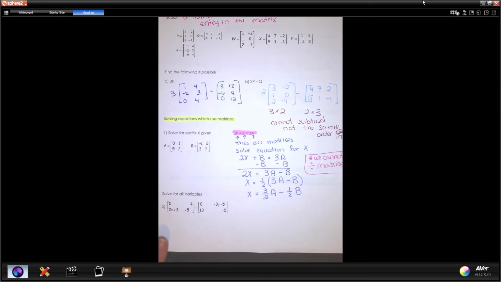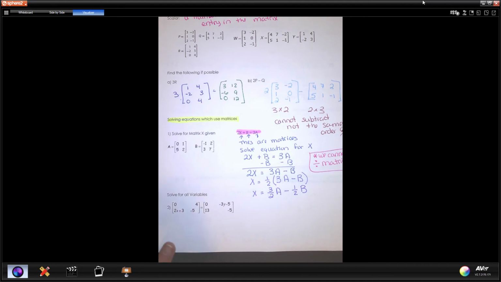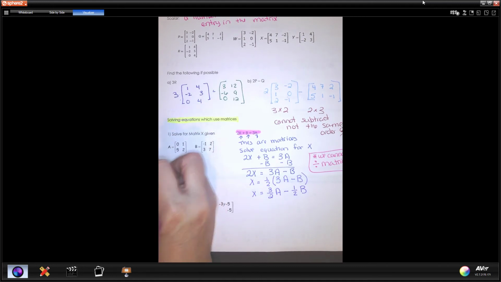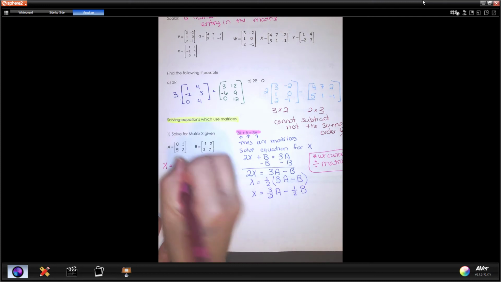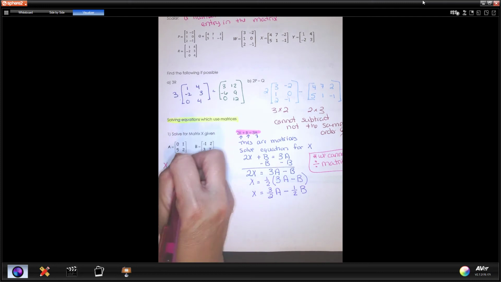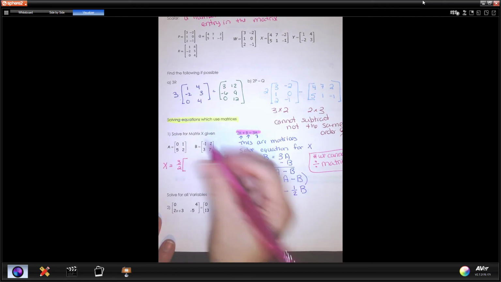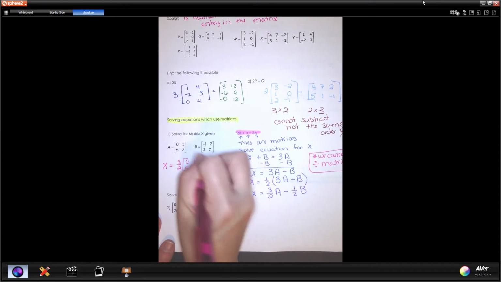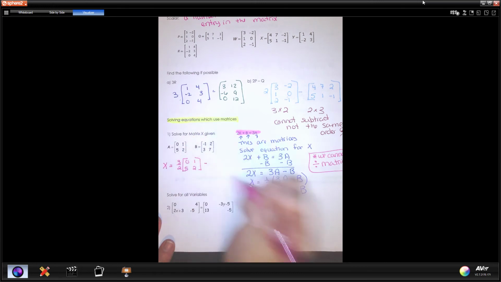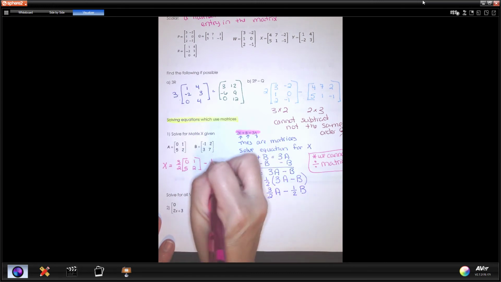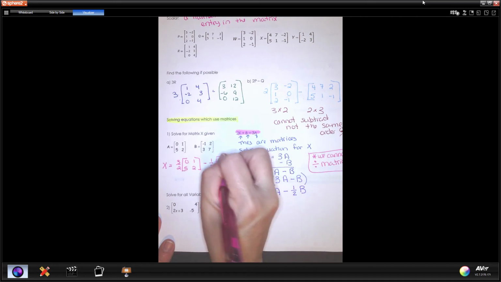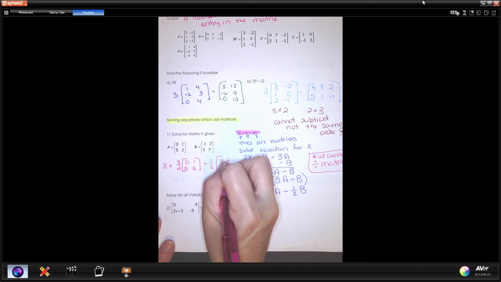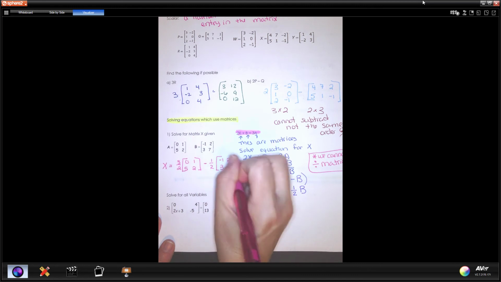And so now from here, we're going to go ahead and use those lovely little matrices that we have. So we know X is equal to 3/2 times matrix A, so 0, 1, 5, 2, minus 1/2, and then -1, 2, 3, 7.